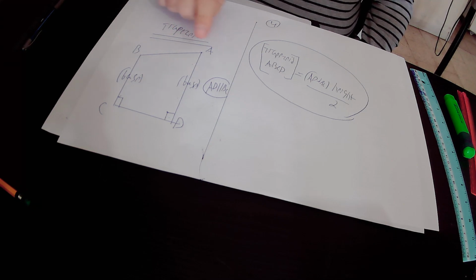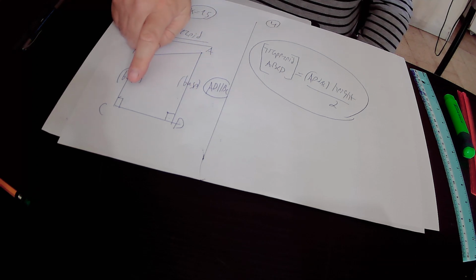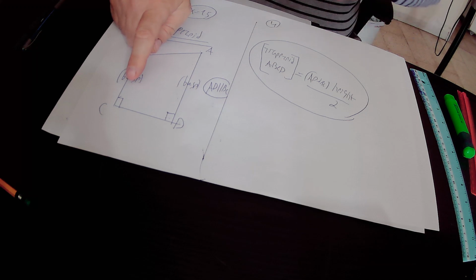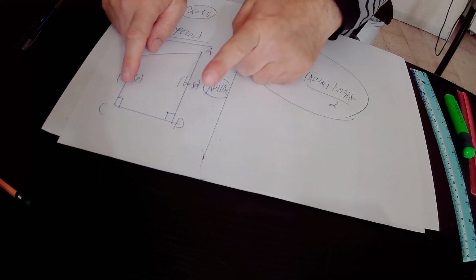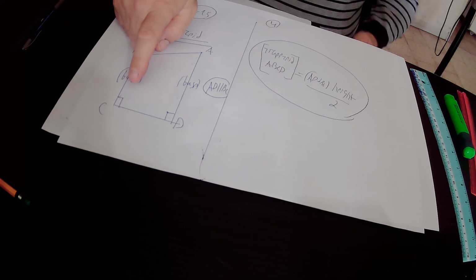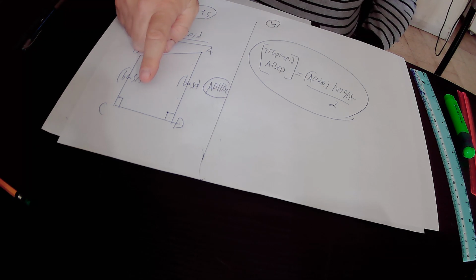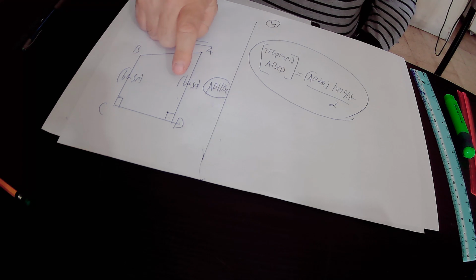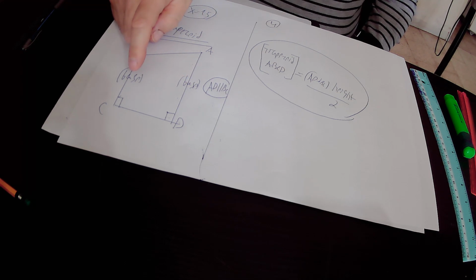The height to the base must create 90 degrees with the two other bases. So if CD creates 90 degrees with the two other bases, that is to say those two angles are right angles, then CD will be the height. If not, if CD doesn't create 90 degrees with the two other bases, then we will just draw a perpendicular to one of the two bases, and the perpendicular will be the height to the base.